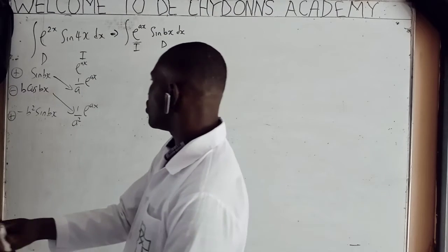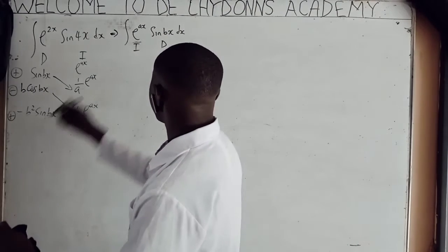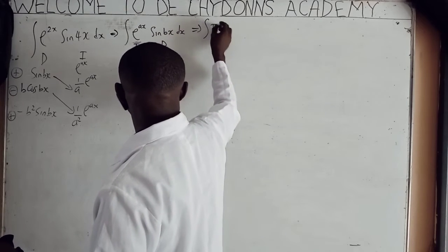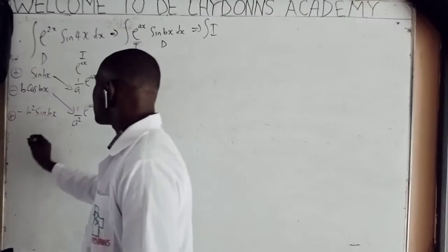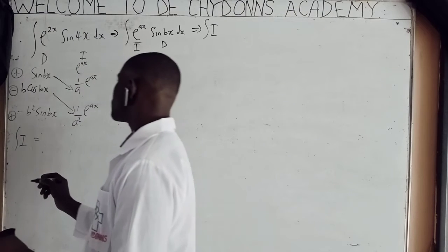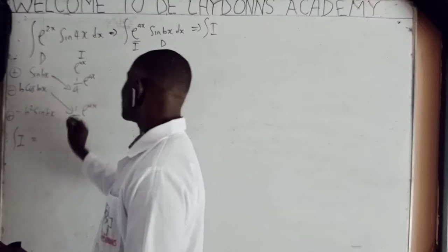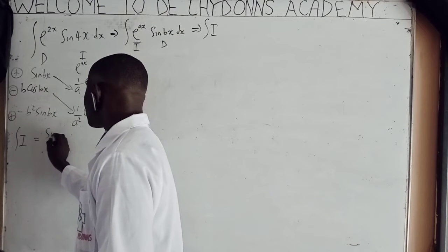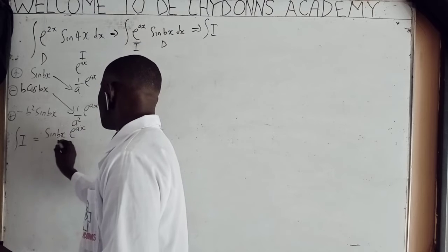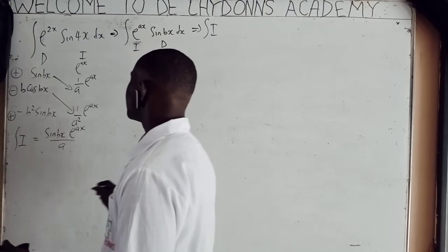Then what you now do is that you say, let me call everything here integration I. I will now say integration I is equal to this times this: sine bx exponential ax all over a.